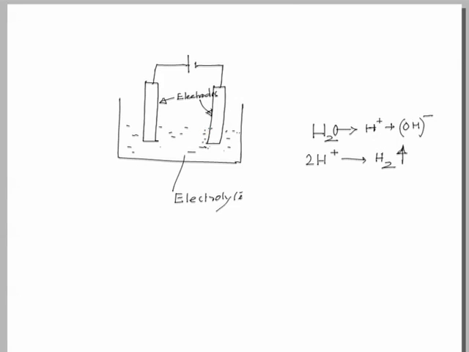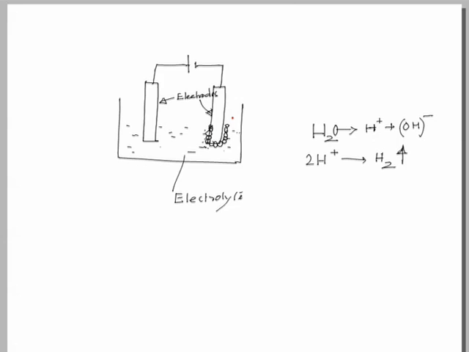But at the initial stage, there will be hydrogen gases or bubbles formed in this way, and this will form a layer just adjacent to this electrode.